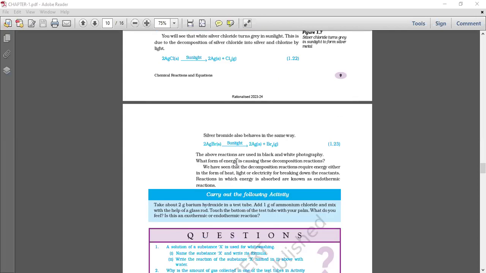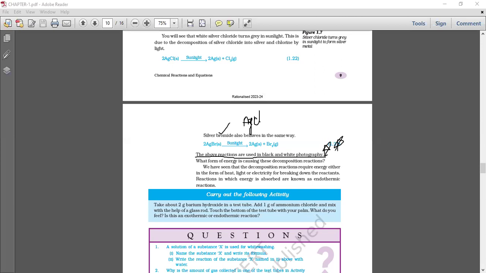These chemical reactions are used in black and white photography. This is very important to remember, and it can be asked for 1 mark in MCQs.